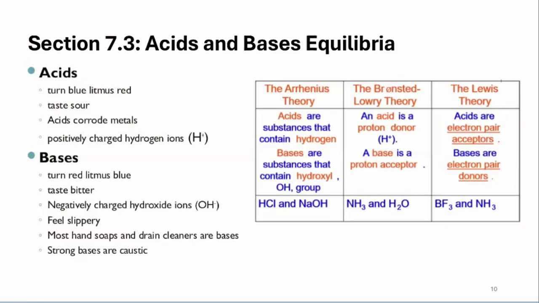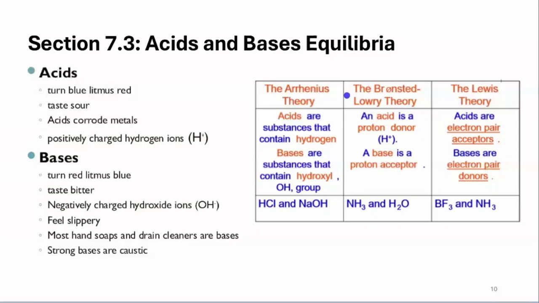So, based on this definition, they considered that HCl was an acid and that NaOH was a base. Later, they observed that some molecules that do contain hydrogen were not necessarily acids. So the theory for defining acids and bases needed to be redefined.